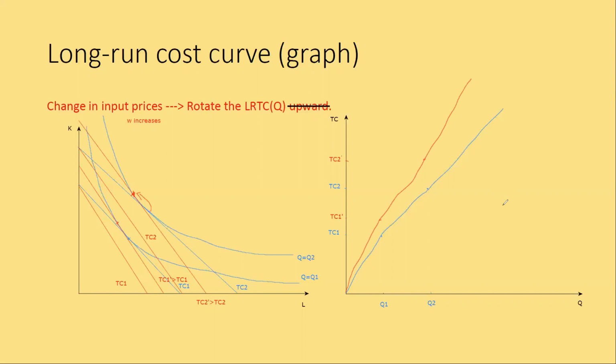And we can't actually show that it is a rotation graphically, but if we calculate mathematically, we will see that it is a rotation. And by rotation, basically we are rotating the blue line by a certain degree to become the red line.